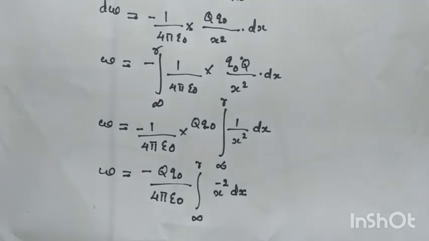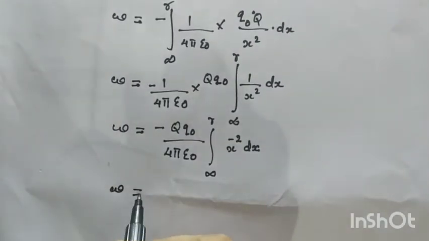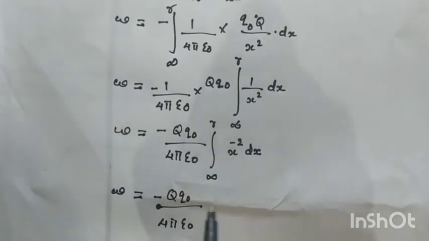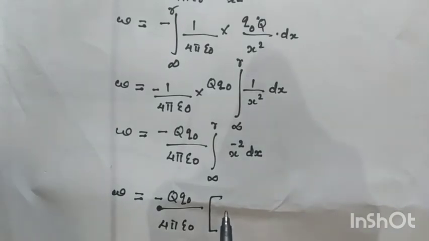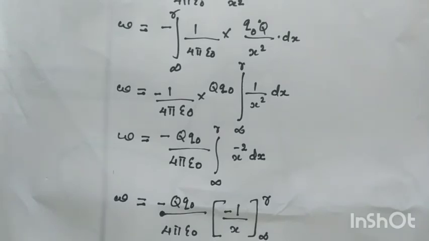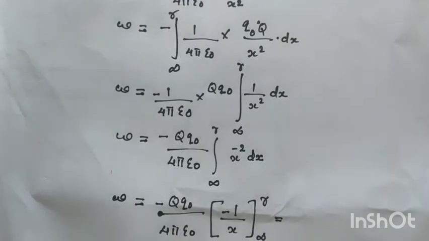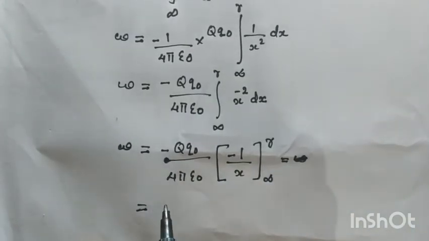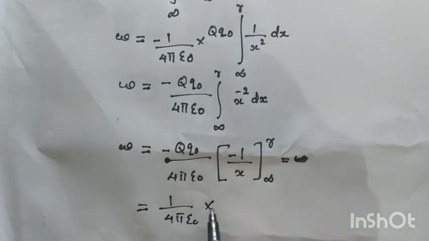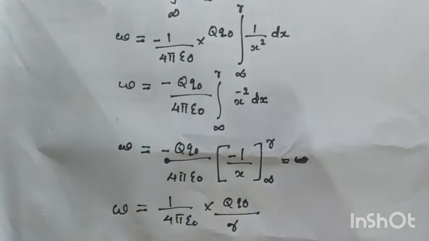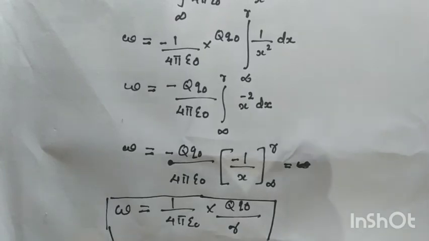On integrating x raised to minus 2, we get x raised to minus 2 plus 1 by minus 2 plus 1, that is minus 1 by x, from infinity to R. Now taking upper limit minus lower limit, where the upper limit is R and the lower limit is infinity, the negative cancels and W is equal to 1 by 4 pi epsilon 0 Q Q0 divided by R. This is the expression for work done, and this work done is equal to the electrostatic potential energy.